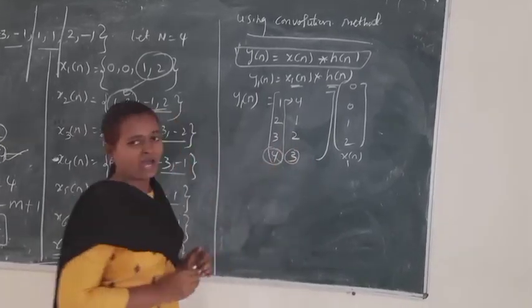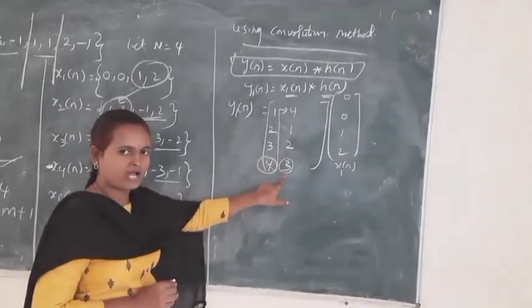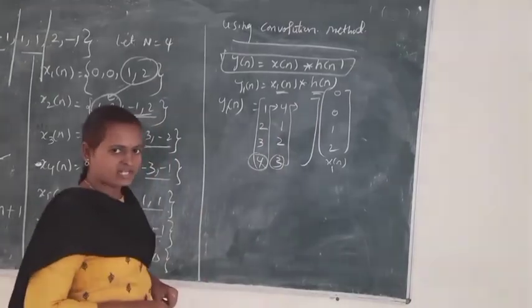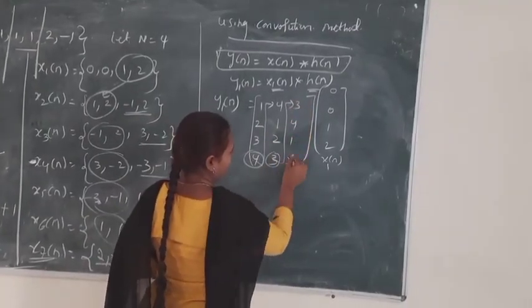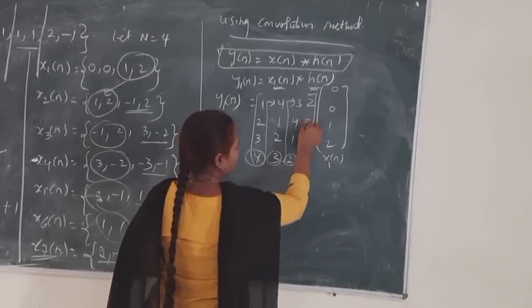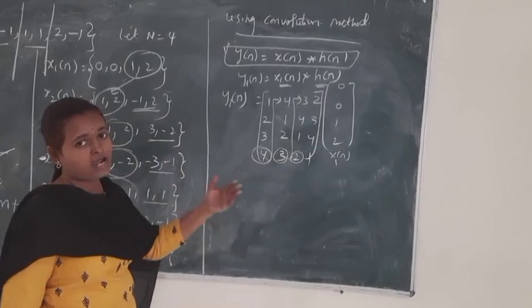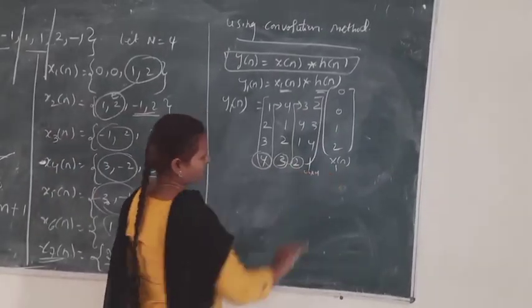The last value of the second column should occupy the first position of the third column: 3, 4, 1, 2. Again the same, 2, 3, 4, 1. This is the circular convolution representation, a 4 by 4 matrix.